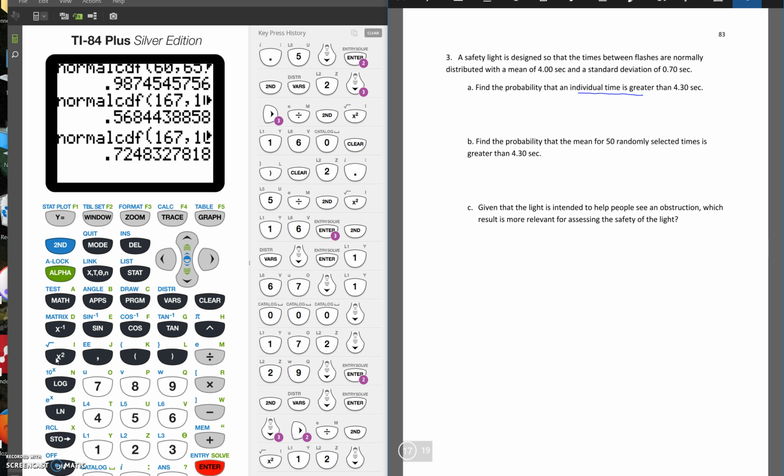So since it's individual, we're just choosing one. We're going to do normal CDF. So it says greater than 4.30, so 4.30 up to 1,000. Then we put our mean, which was 4, and our standard deviation, which was 0.7.